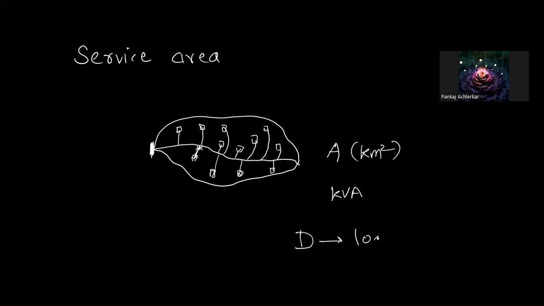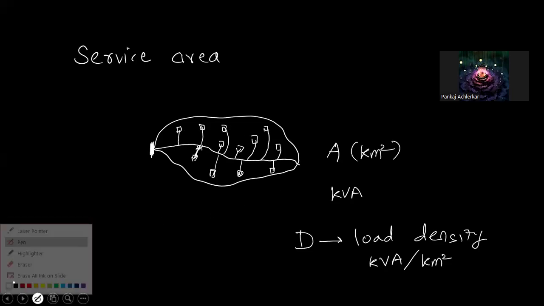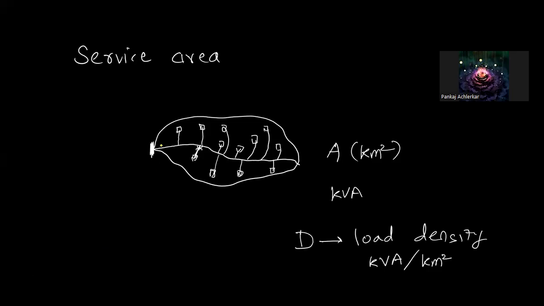So what we can define is some parameter, let us say D, which represents the load density. So load density is basically the amount of load in kVA per kilometer square of the area. And now let us assume that load density is uniform throughout this area. That means we are assuming there is load at each and every point in this area.